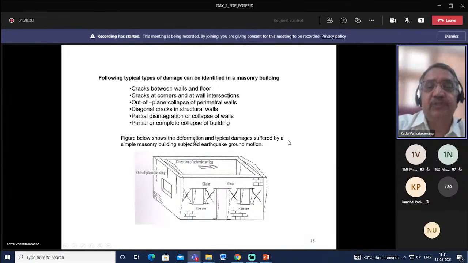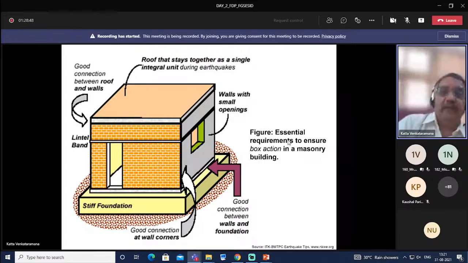The figure below shows the deformation and typical damages suffered by a simple masonry building subjected to earthquake ground motion. These are some of the failure patterns which we can expect in a masonry building. And this I explained earlier also.